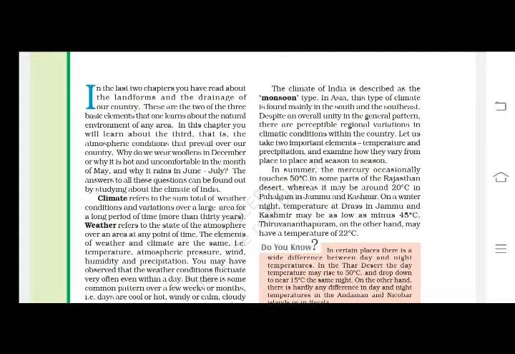The elements of weather and climate are the same: temperature, atmospheric pressure, wind, humidity and precipitation. These are the elements for weather and also for climate.